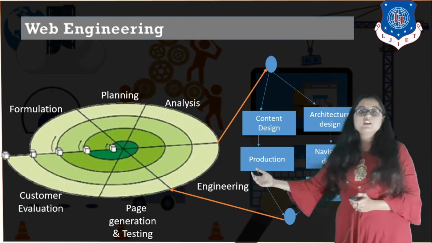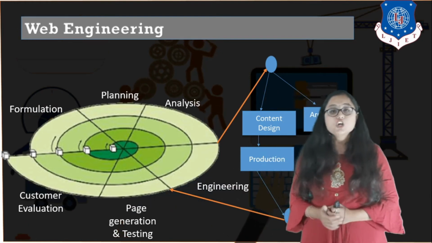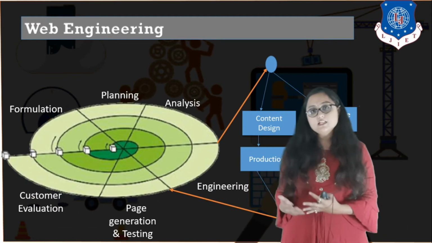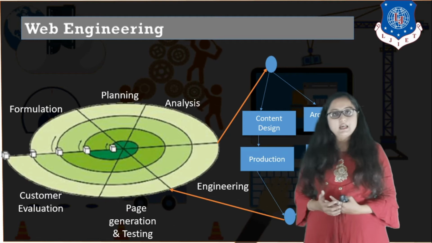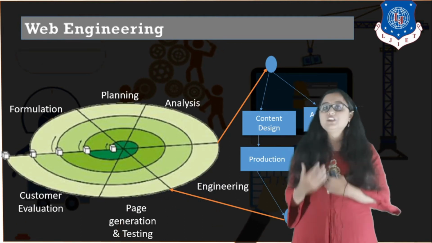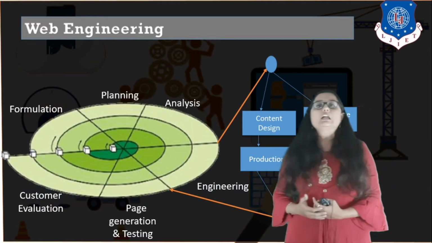And the last phase of web application engineering is customer evaluation. After you have deployed your web application on the web, the customer will actually use it in real life and he or she may give you feedback, right? That feedback will also be for the incremental delivery that you have done.